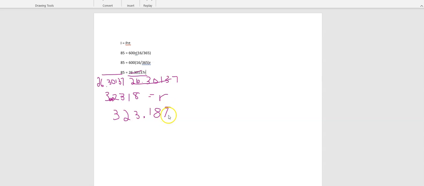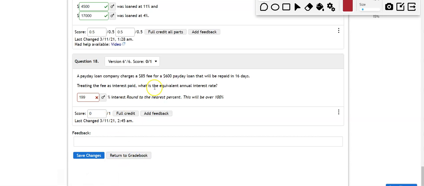Terrible, terrible interest rate, which is true of a lot of these payday companies. It might ask us to round to the nearest percent, which would be 323. And you notice it does say that it'll be over 100%. If we check, yep, it's 323.